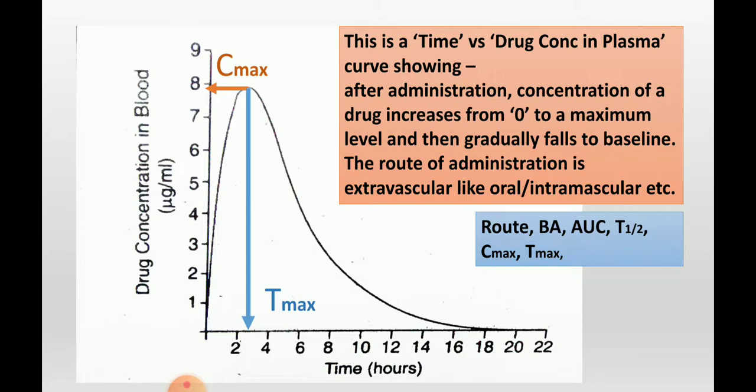So this is basically a time and drug concentration or plasma concentration of drug showing after administration. Concentration of the drug was 0 at the beginning, and then it gradually increases to a maximum level and then gradually falls to the level of baseline.